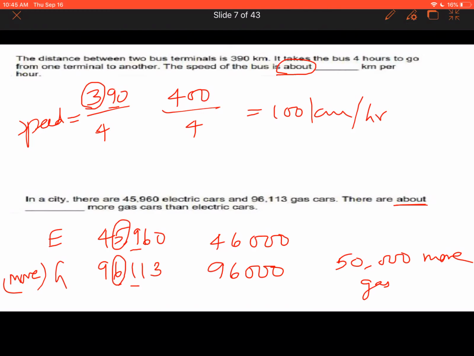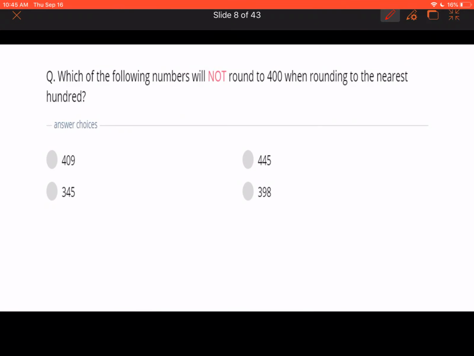Okay, now we will move to the next example. Which one of the following numbers will not round to 400 when rounding to the nearest hundred? So we have to round the hundreds place, and the final answer should not be 400.